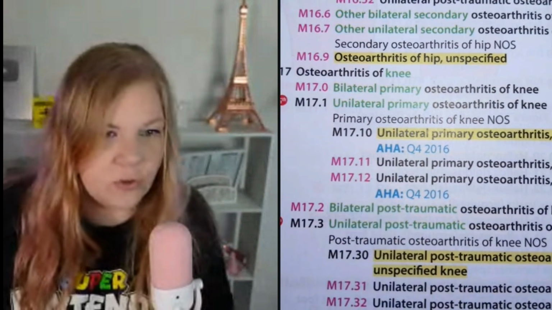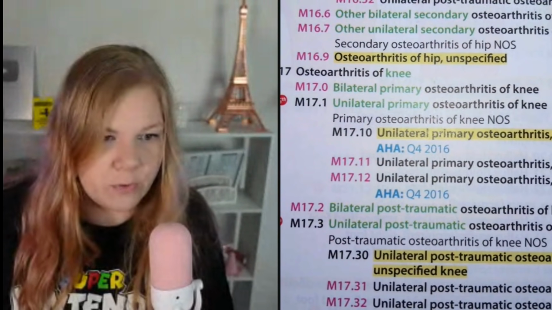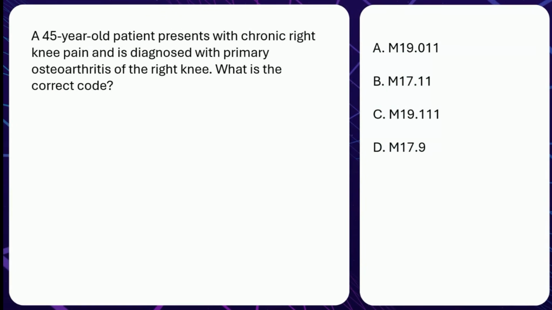It doesn't say we need any additional characters, so let's go back over to our quiz question here, and that means M17.11 is our answer B. So that would be our correct code for primary osteoarthritis of the right knee.